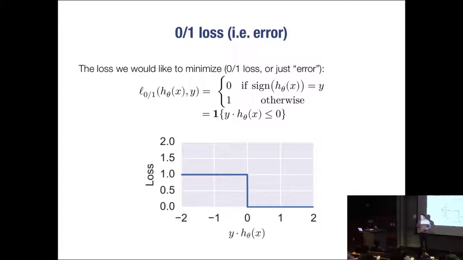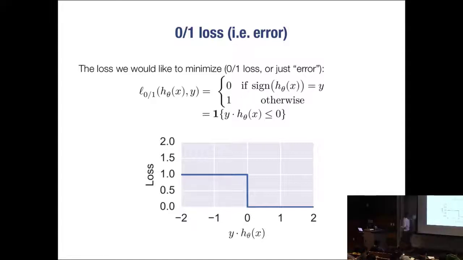So this is the case where we just predict the raw output. There's no way that this suggests where we actually move from here. So if I'm here, there's no gradient that points me downhill towards a position of better loss. I'm just stuck here. So this is a really hard function to optimize.